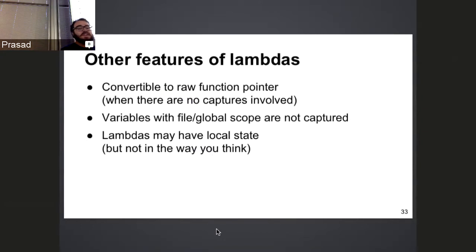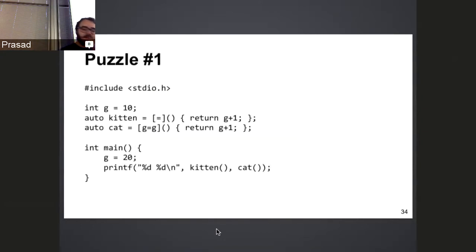If I try to use a global variable, in fact, here we go. Here's a puzzle. This will answer your question. The question is, what does this code print? I will take hands.